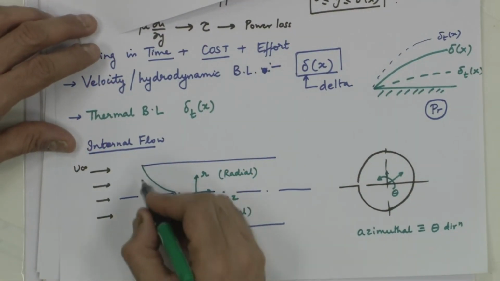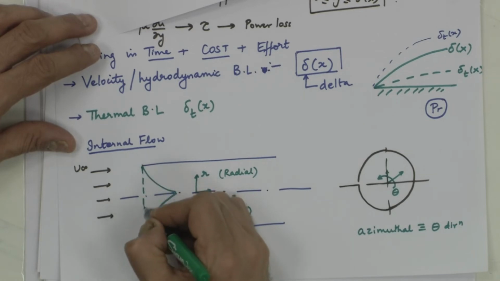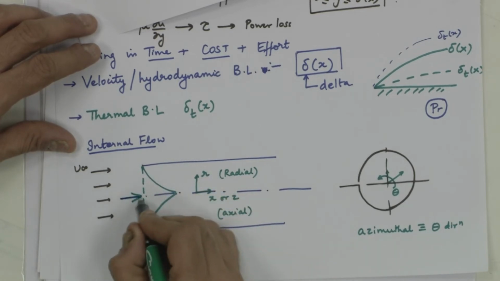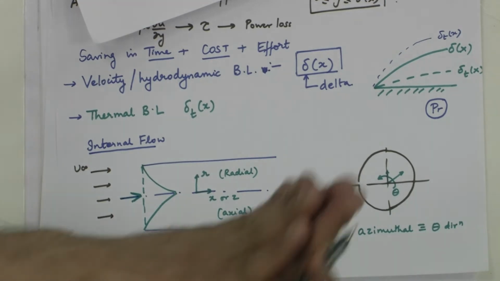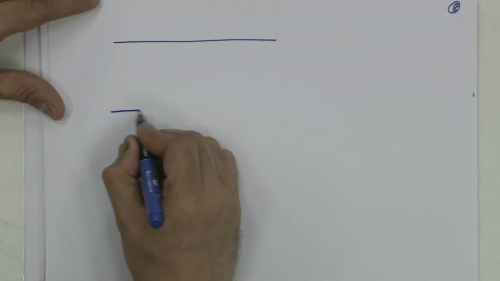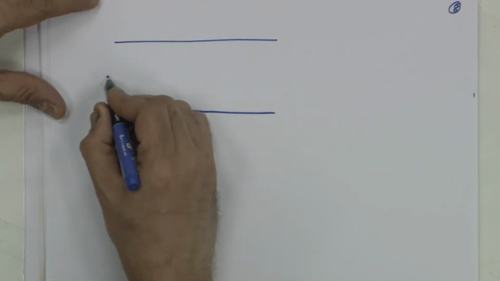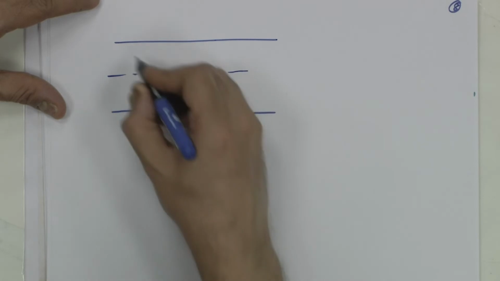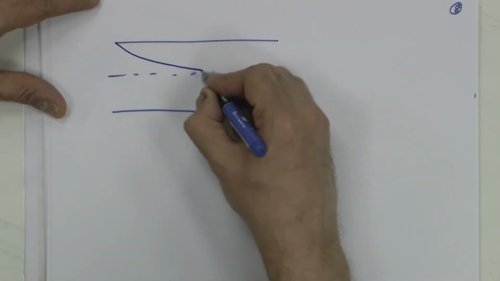So, this was the original position of that sheet. When I apply a force here, it will go in from all directions in 3 dimensions. That is exactly what happens in case of internal flow. The boundary layer is formed all around the circumference, all around the wall, and what you see is that this boundary layer which is formed will eventually come together at some distance from the wall.